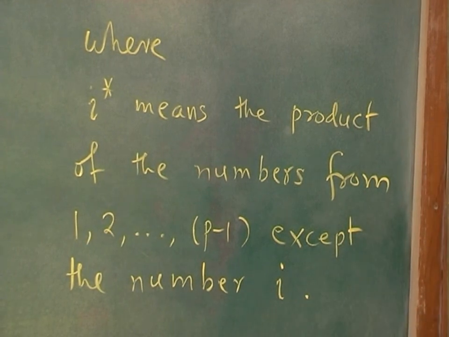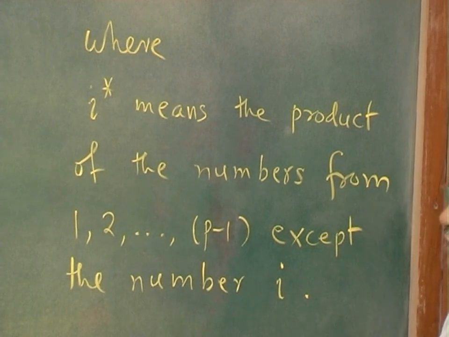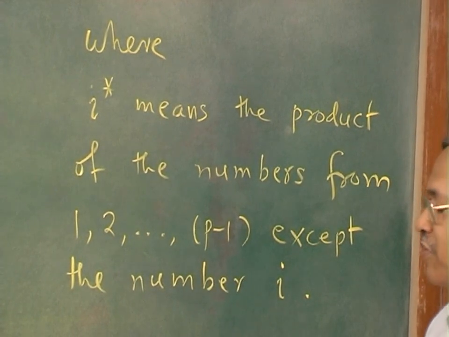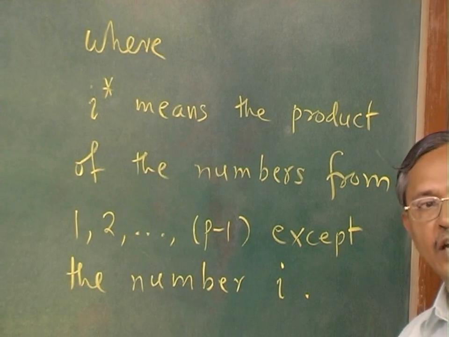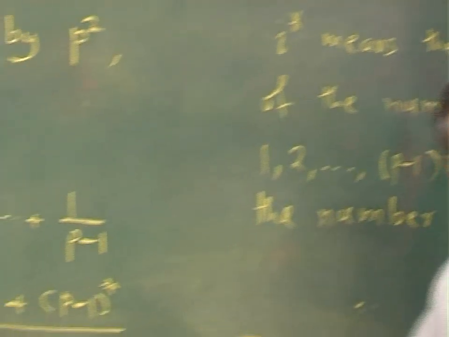So 1 star means the product of all other numbers, 2 star means the product of all numbers other than 2 from the set 1 to p minus 1. And the common denominator is p minus 1 factorial.